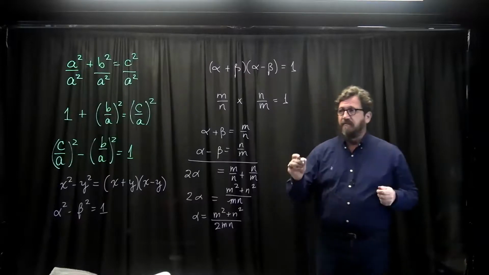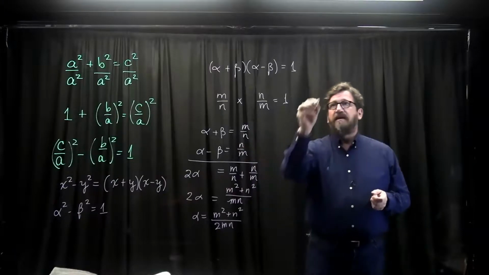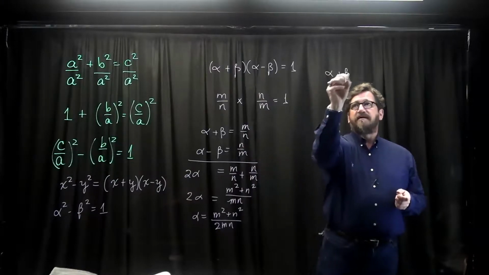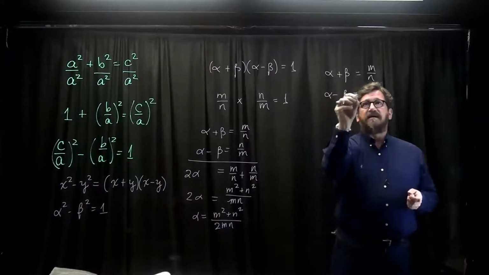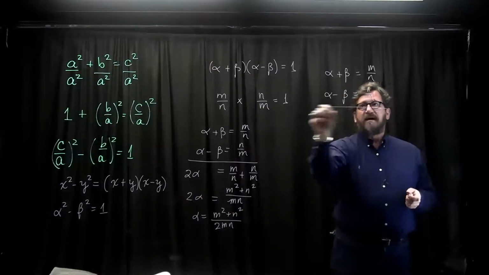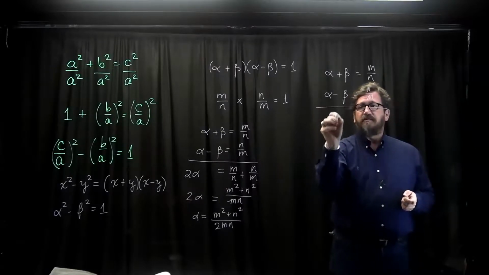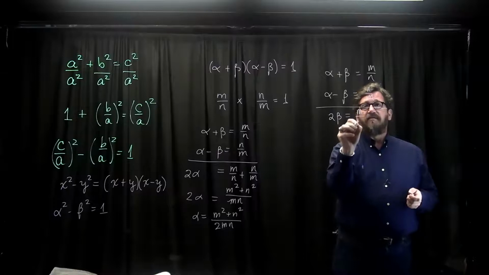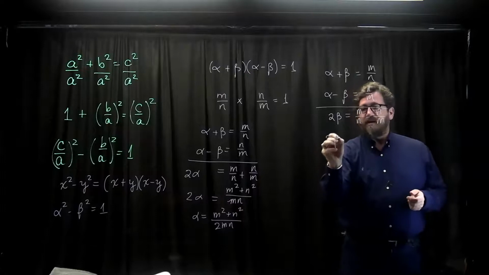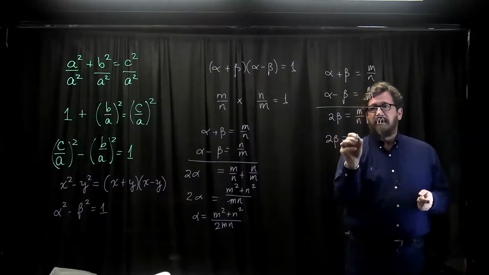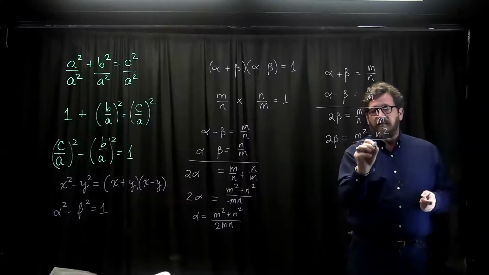So what do you say? Well, now let's take these two equations and subtract them. Alpha plus beta is equal to m over n. Alpha minus beta is n over m. And if I subtract, the alphas go away, leaving me with 2 beta is m over n minus n over m. So 2 beta is equal to m squared minus n squared over mn.